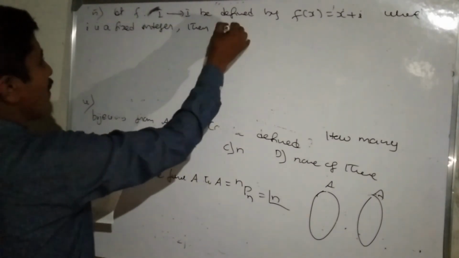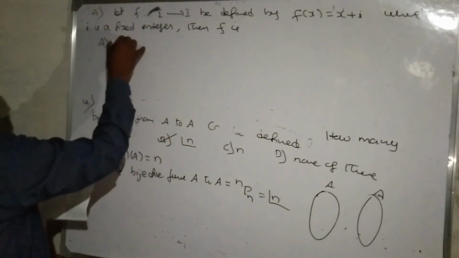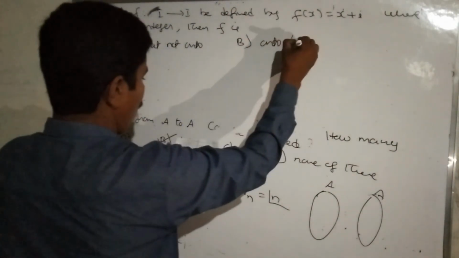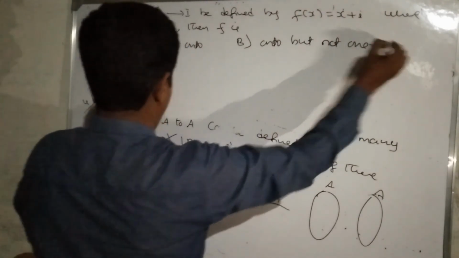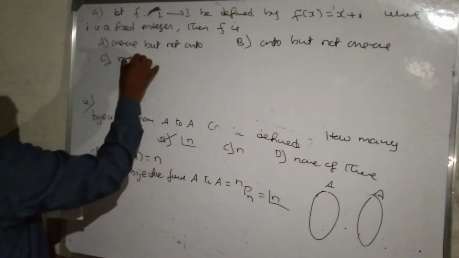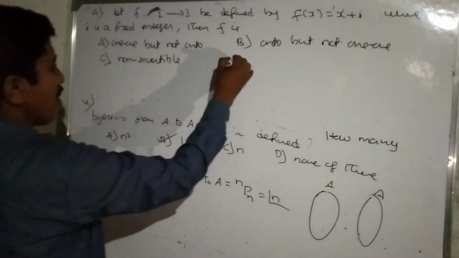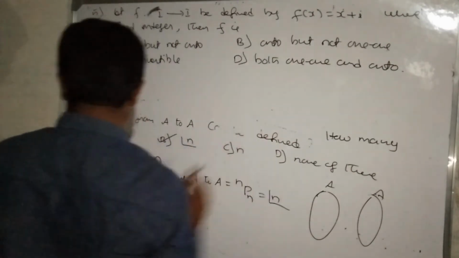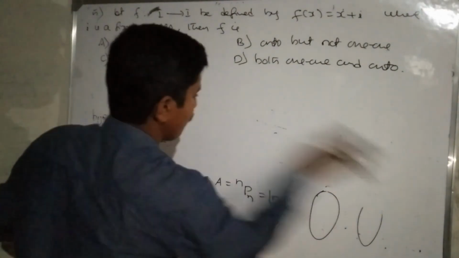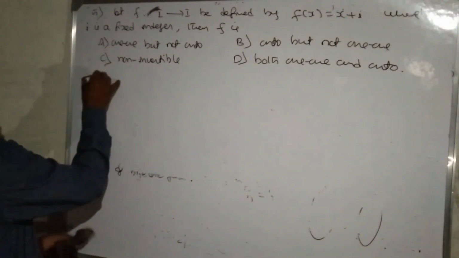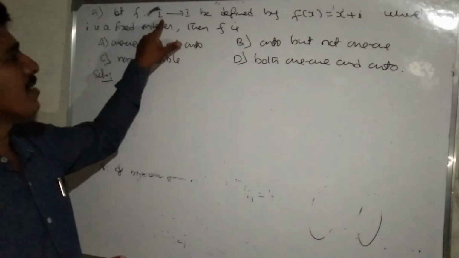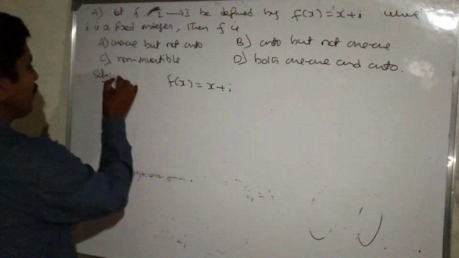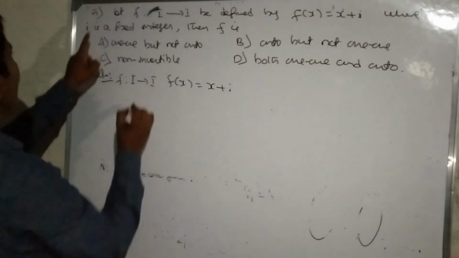Then f is: A option one-one but not onto, B option onto but not one-one, C option non-invertible, D option both one-one and onto. Here I means the set of all integers.